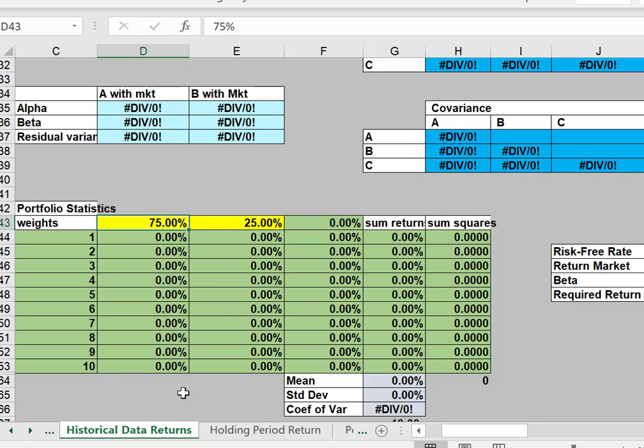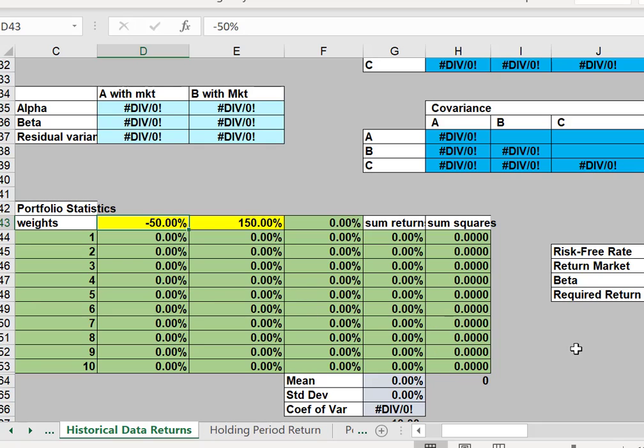So if we put in a -5%, whoops, I'm sorry, -50% here, right? So what do we have to put here? We have to put 150% there. And if you see what happens now, 150 plus -50 is our 100.